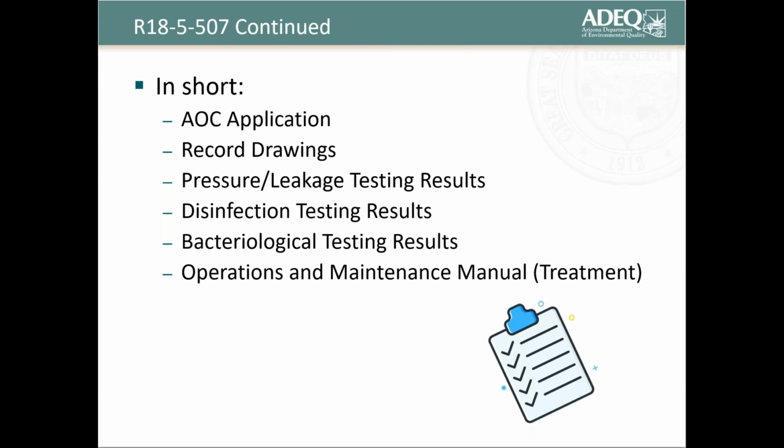There is a section in the AOC application for the pressure and disinfection and BACT tests that can be filled out, but we also accept those testing results to be attached to the application as long as it is accurate and signed by the responsible person. The operation and maintenance manual will need to be updated based on the treatment type and operations plans.